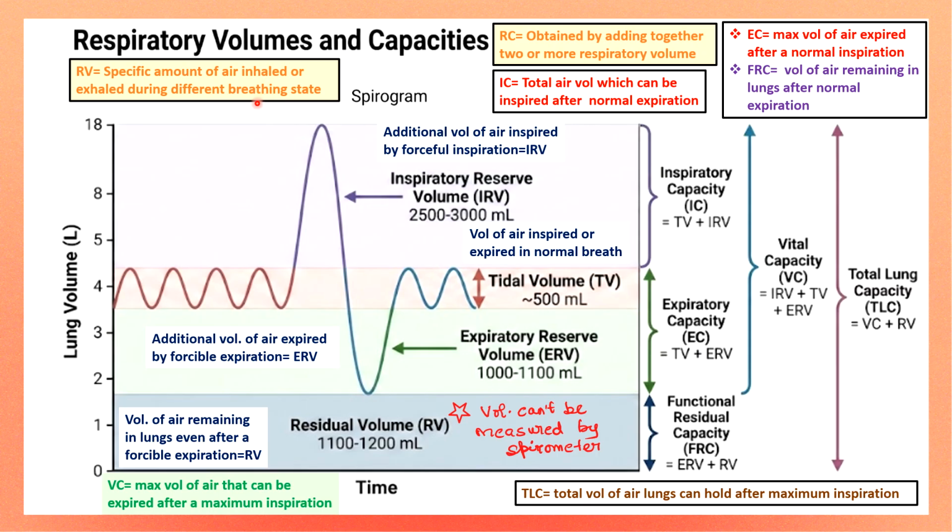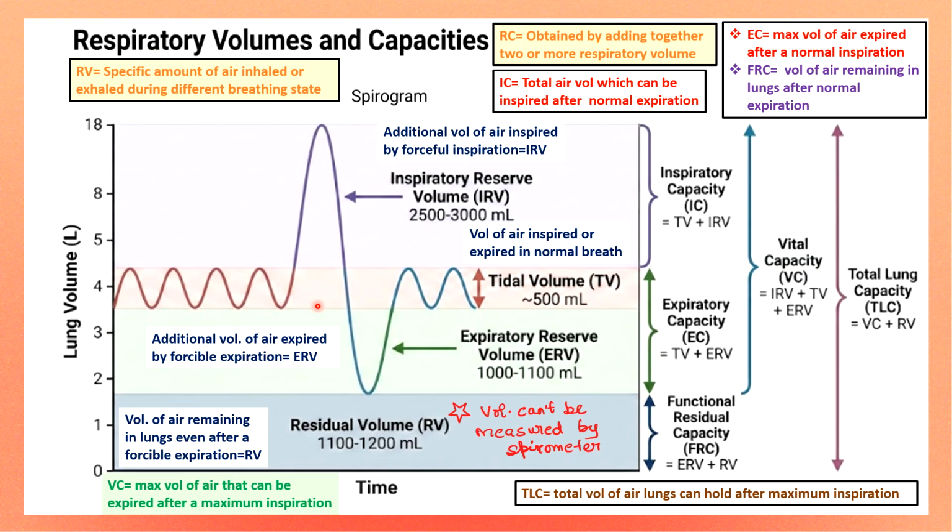So in a typical breathing state, whatever volume of air you are inspiring or expiring is called the respiratory volume. Clear? What is respiratory capacity? Respiratory capacity means when we add two or more respiratory volumes, then we get respiratory capacity. Let's now look at respiratory volumes.